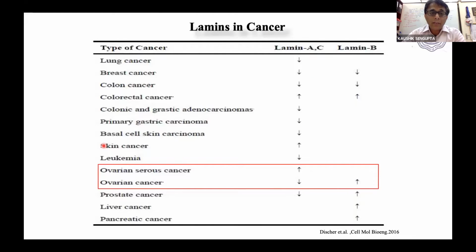So just to give a brief overview, this is the expression of the lamins in cancer. When I say that I studied two different diseases, this has a very important meaning, in the sense that in cancer, to date, there are no mutations, right? So it is the level of expression of lamin which is either upregulated or downregulated in the different types of cancer, as you can see here.